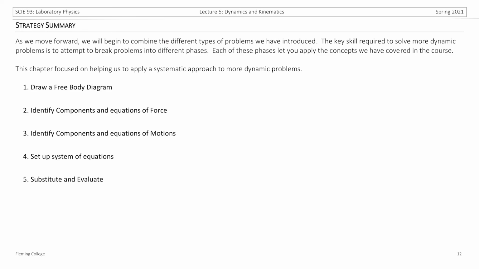Each phase that we went through let us apply the specific concept we've already covered. So when we look at a problem, we draw free body diagrams. And we draw multiple free body diagrams. And one of the ways that we think about the forces in our problems is that we concentrate on applying Newton's second law.